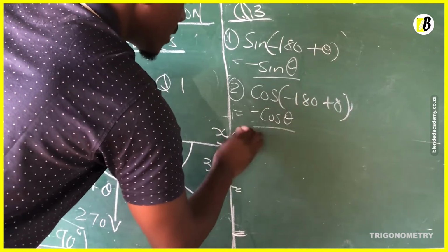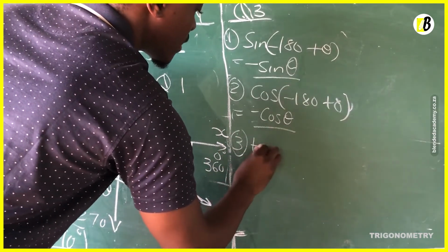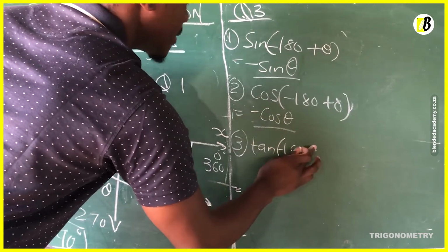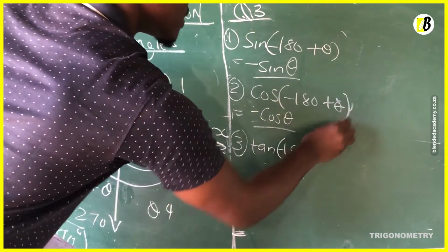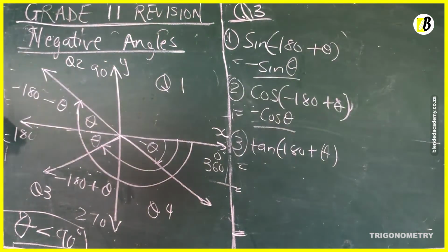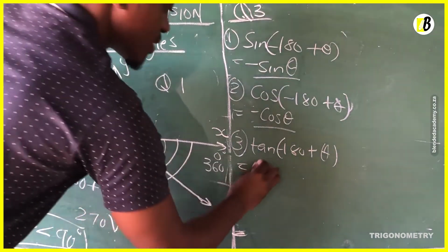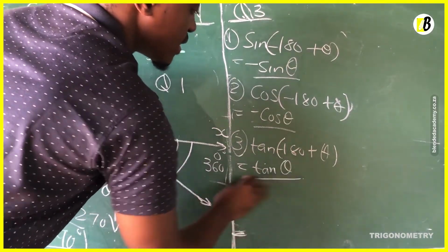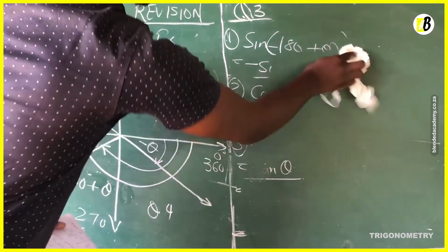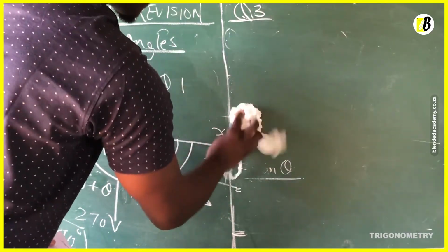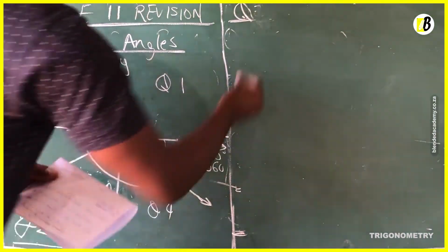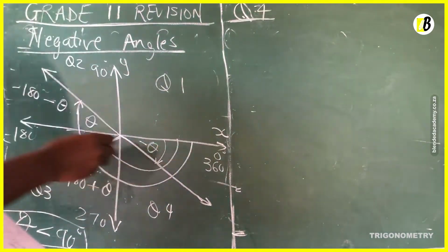And the last one, let's work on tan of 180 minus 180 plus theta. Tan is the only function that's positive in that quadrant. So it's going to give us positive tan theta. That's how we're going to solve different expressions in different quadrants using that diagram. And then the last quadrant now, we're working on the fourth quadrant.